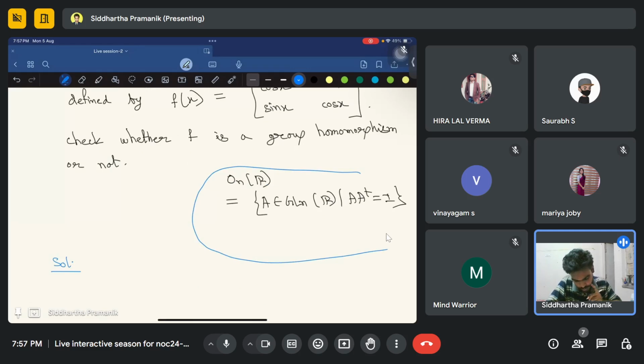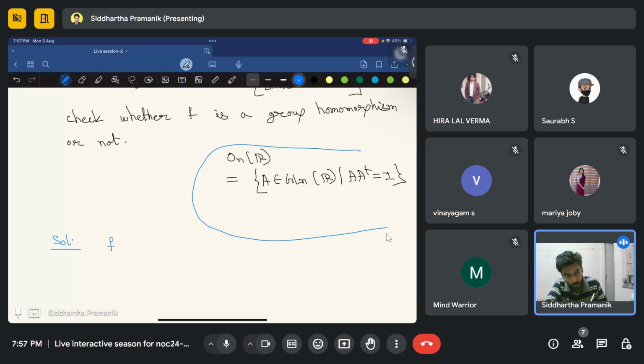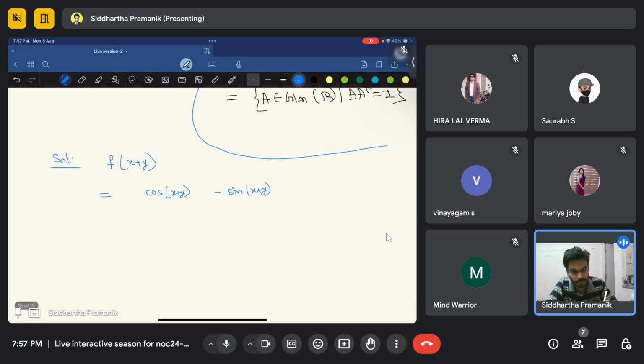So first, let's check it is a group homomorphism. What is f of x plus y? It is the matrix with cos of x plus y, minus sin of x plus y, and so on.